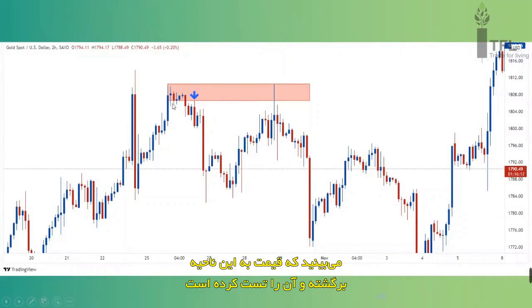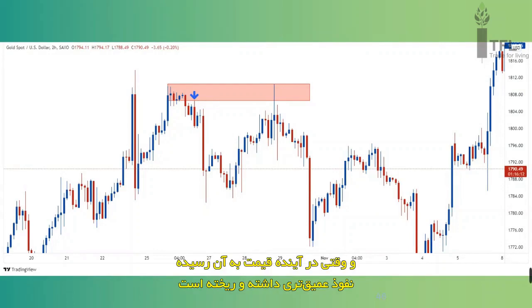You can see that at this zone over here, the price did come back and test it, but with a very, very minimum touch on it. So some people may consider it a fresh zone. Some people may consider it a non-fresh zone. It depends on your perspective. So in future, the price comes back to this area.